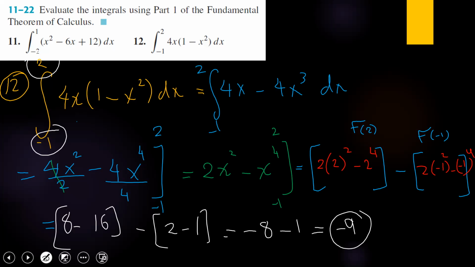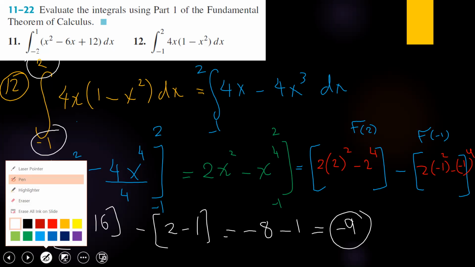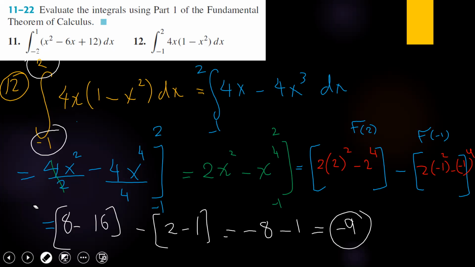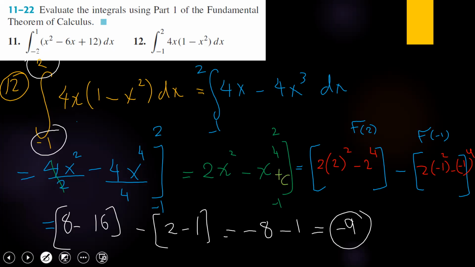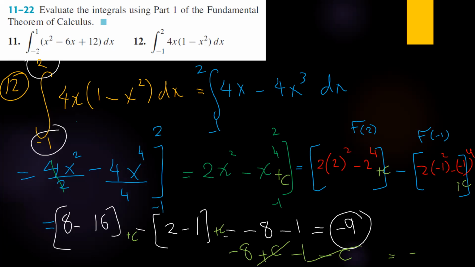And if you write it here, you write plus c and plus c, then it comes like negative 8 plus c minus 1 minus c. So plus c with negative c cancel each other. So I have now the negative 9. If you add it here, it will be cancelled at the last.